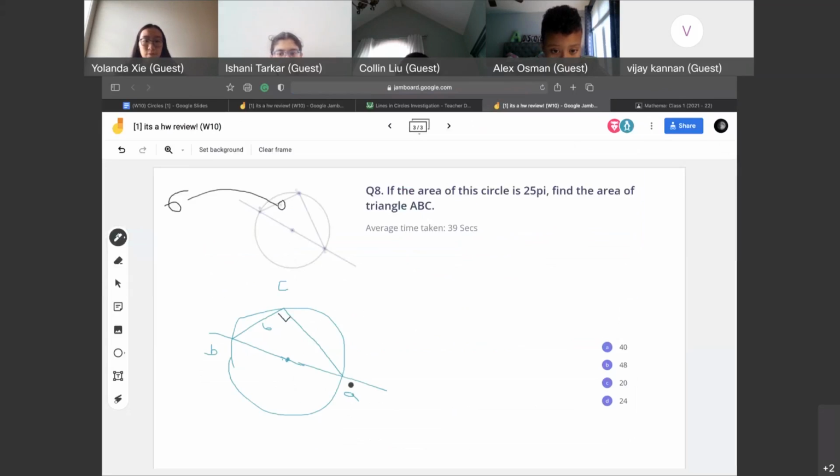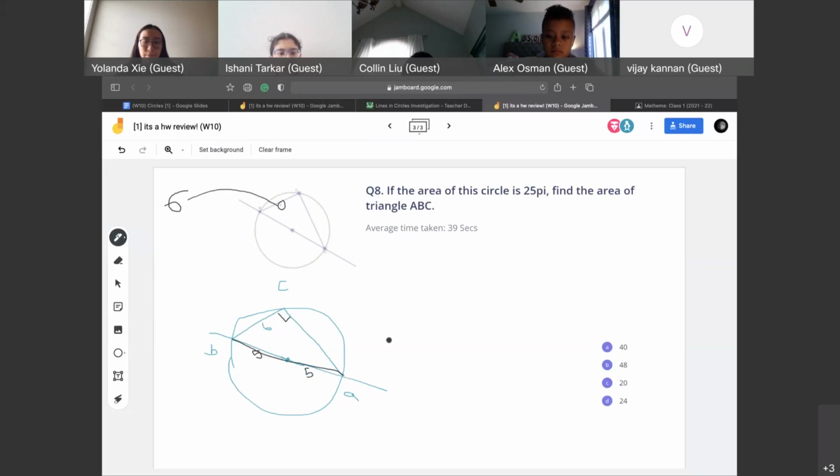Yeah, okay. In the chat, you guys are saying 5. So you're correct. The radius of the circle is going to be 5. And that means that the diameter is going to be 10.